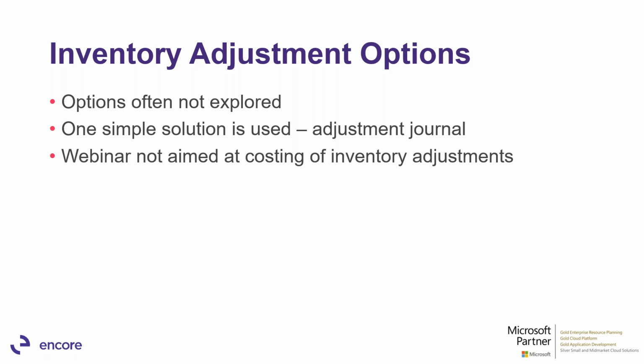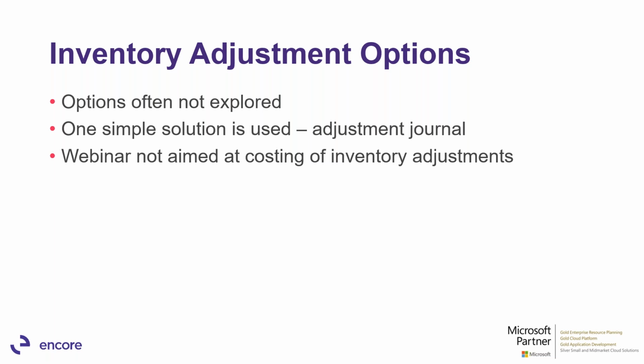That being said, I also need to note that this particular discussion is not aimed at the costing side of inventory adjustment, which is a completely other subject, and we could talk about that quite in length, but we are not going to today.